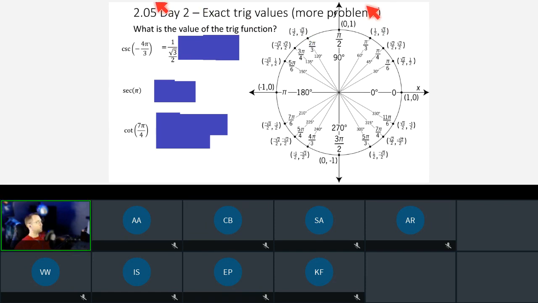And then we flip and multiply. 1 times anything is itself. We need to rationalize 2 over radical 3 by rad 3 over rad 3. And that's how we get 2 rad 3 over 3. Yeah, there's different ways to kind of approach this kind of problem, but you need to use your unit circle.